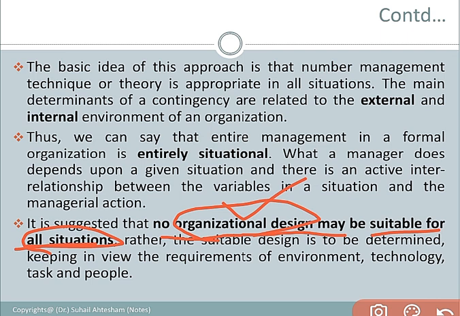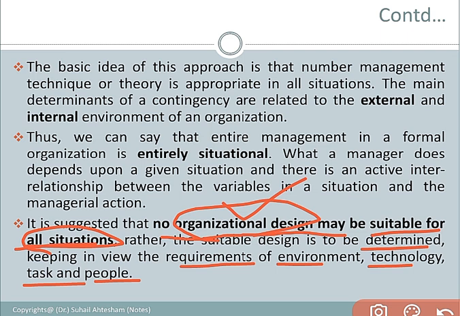Rather, a suitable design is to be determined keeping in view the requirements of the environment, technology, task, and people, right? By keeping in view the internal and external factors, the satisfaction level, the availability of scarce resources, and the expectations of internal and external factors, the manager has to determine and extract the various possibilities and opportunities from the market so that the work can go on smoothly.